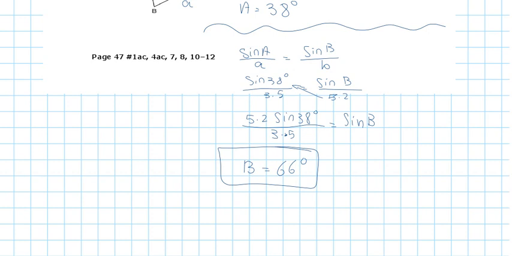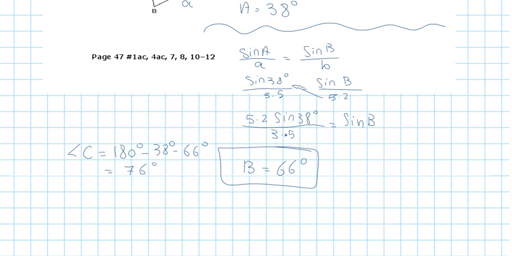Okay? Now, I know two angles. How can I find the third? Minus from 180. To find angle C, you can simply do 180 minus 38 minus 66. I got 76 degrees. Wait, maybe I typed it wrong.